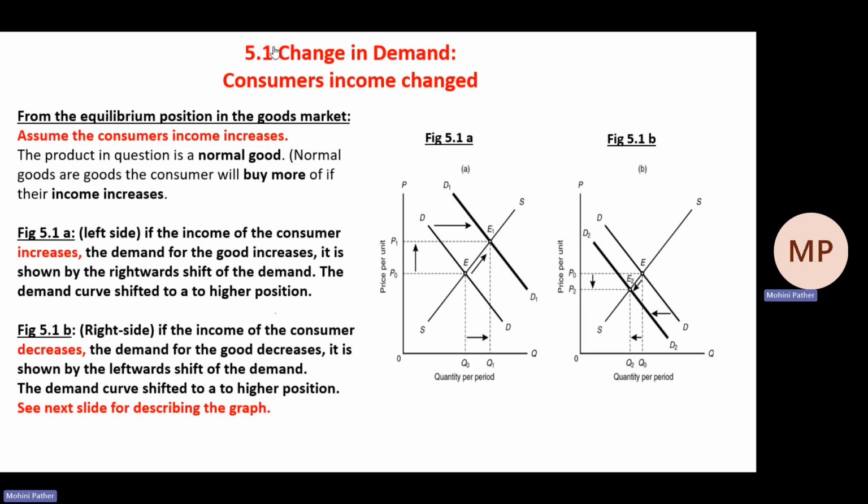If, however, on the right-hand side, there's a decrease in income, as we have experienced recently in South Africa, there will be a shift to the left. Remember this, the thing about income is it tends to increase quite slowly over a period of time, and it tends to decrease over a period of time as well.